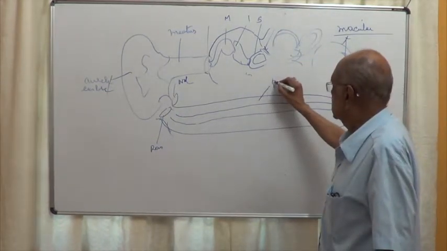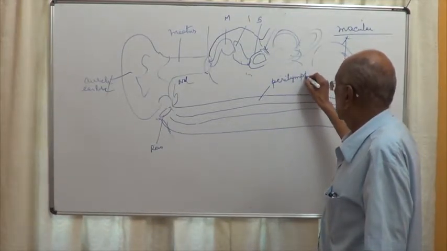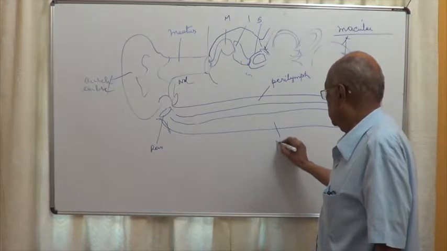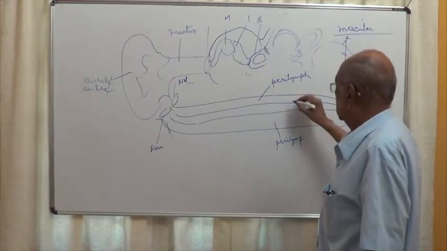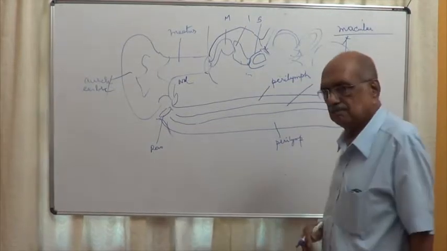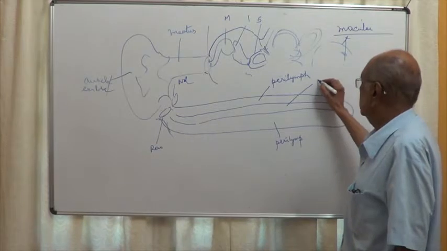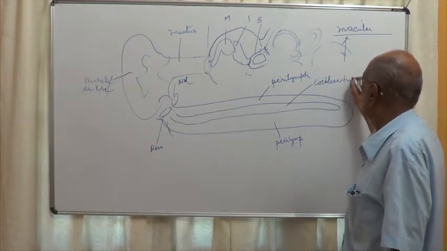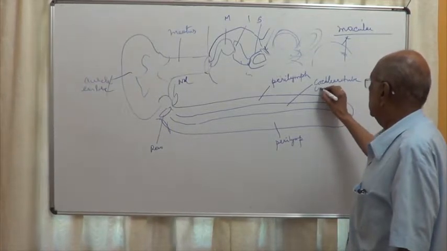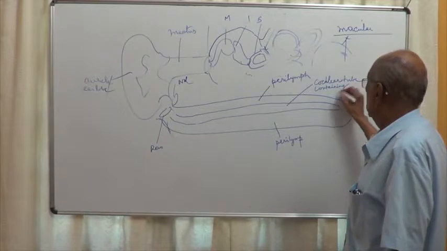This contains perilymph. This is just a tube, cochlear tube, containing endolymph.